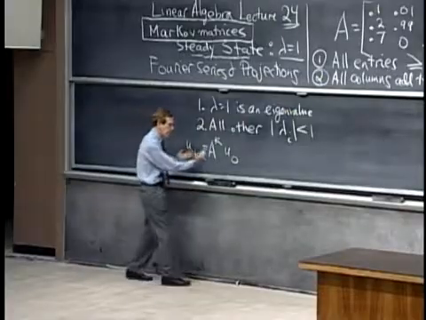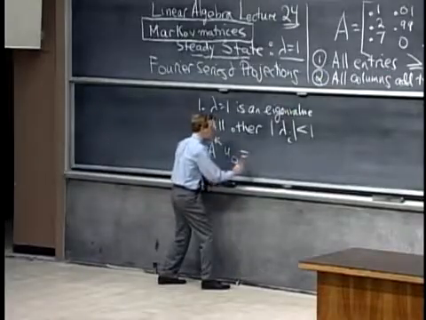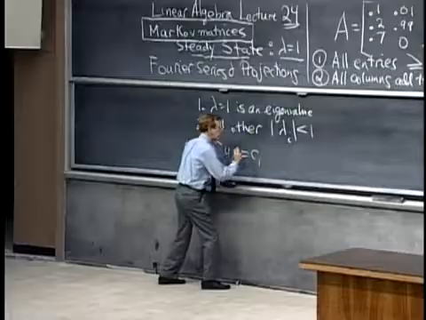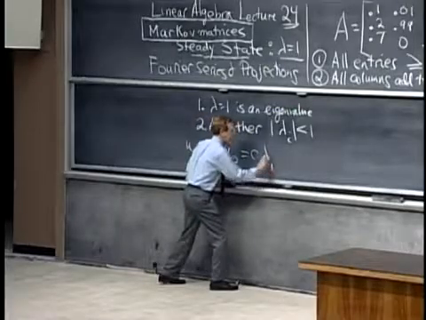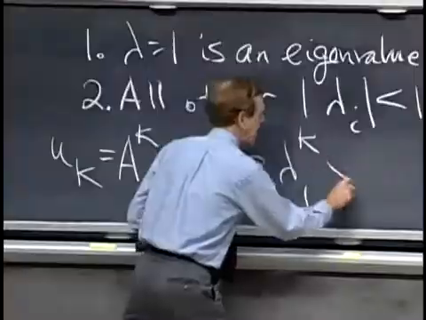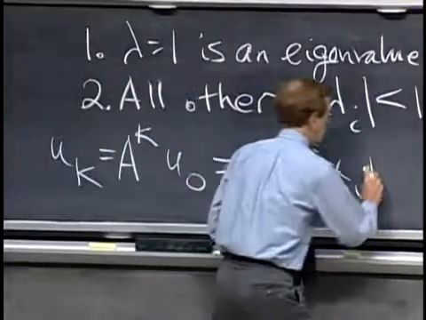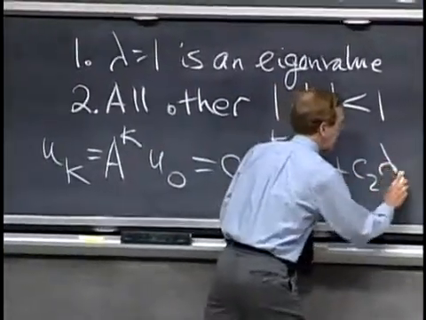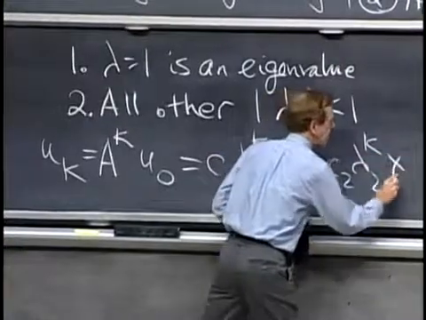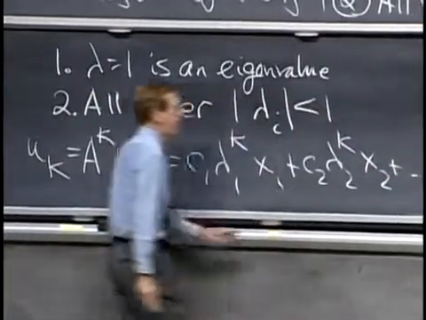So you remember the general form? There's some amount of the first eigenvalue to the kth power times the first eigenvector, and another amount of the second eigenvalue to the kth power times the second eigenvector, and so on.